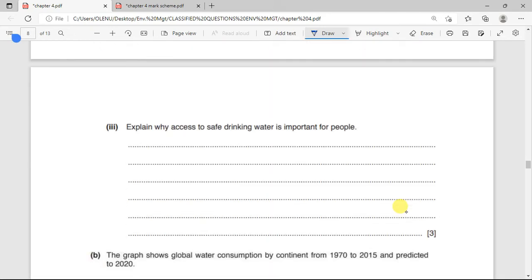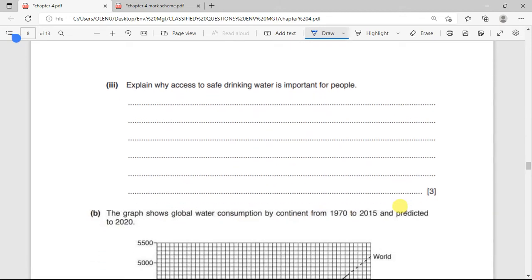Now they say explain why access to safe drinking water is important. So access to safe drinking water is quite important because it reduces the spread of cholera, so it reduces health issues, and water is also a necessary component for every living organism.